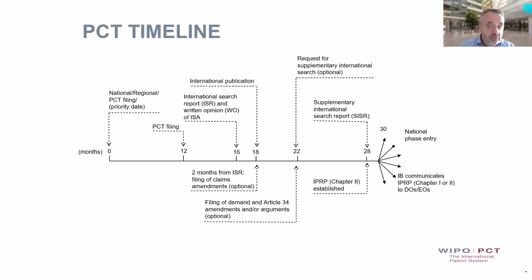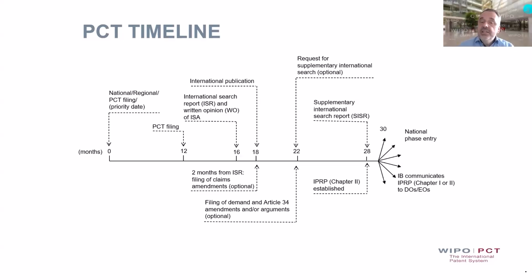After that, you have 2 optional procedures. Just to highlight here, you can file what's called a demand for international preliminary examination, that would eventually get you what's called an IPRP Chapter 2, an international preliminary report on patentability, Chapter 2.